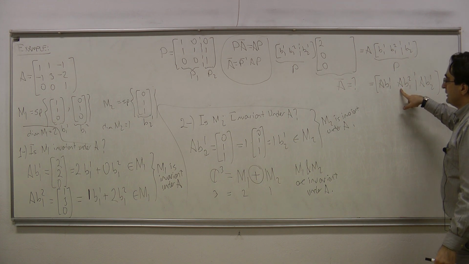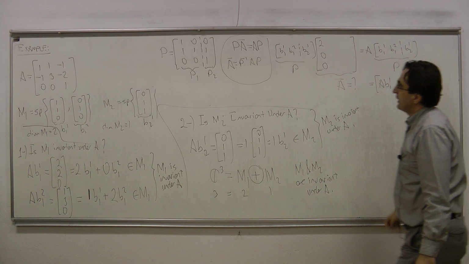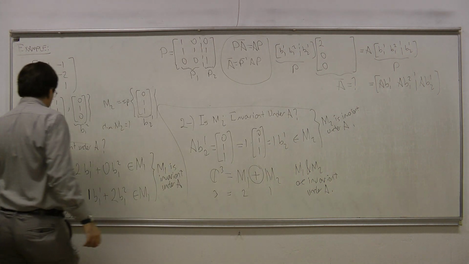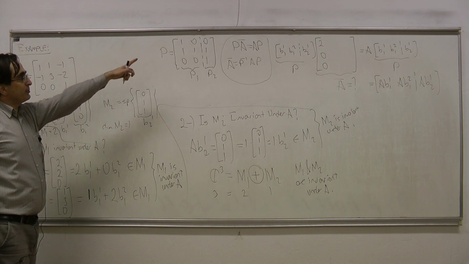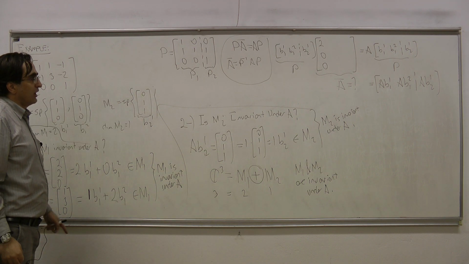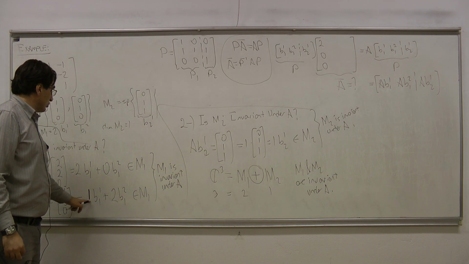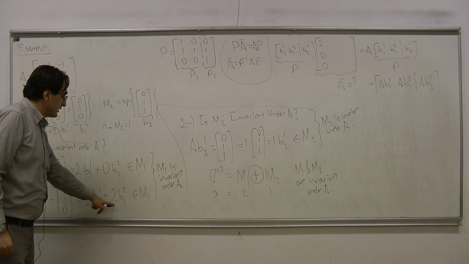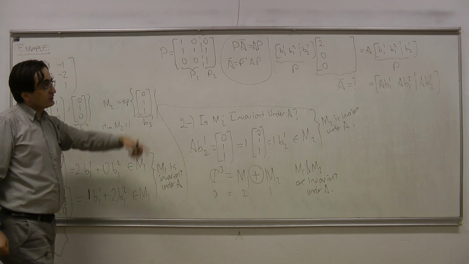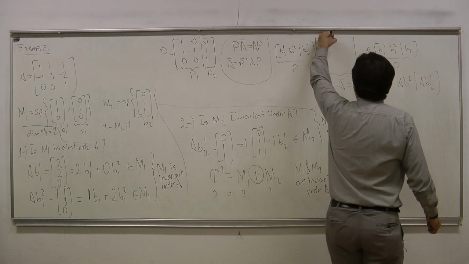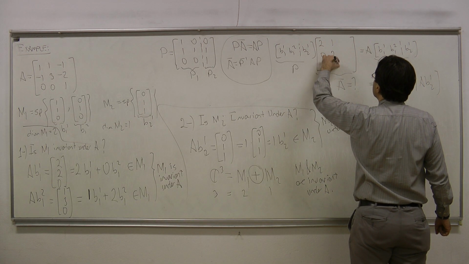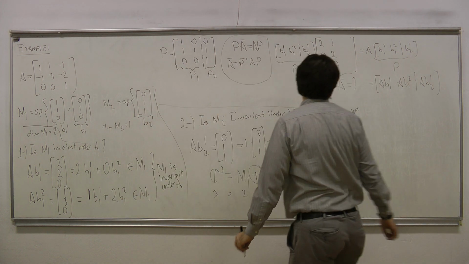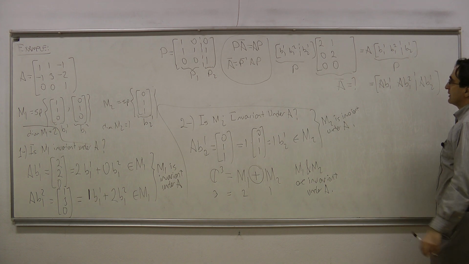And what about A times B12? It is going to be A times the second column, and if I express it as a linear combination of the columns of P, then I obtain 1 times the first basis vector, 2 times the second column, plus 0 times the third column. So I have 1, 2, and 0, because it is already inside M1.